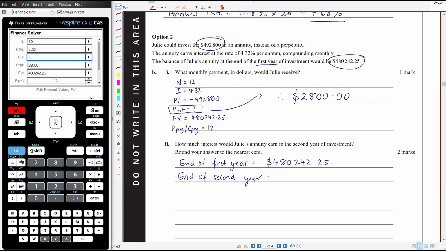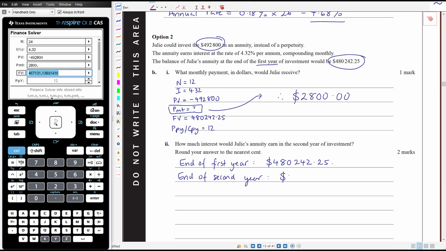I'm just going to put that back to what it was, 492,800, because nothing changes in the second year, so I can just work out. Okay, I'm going to round the payment off though. I can now just change the N value to 24 to work out what the value is after 2 years, and work out the new future value.